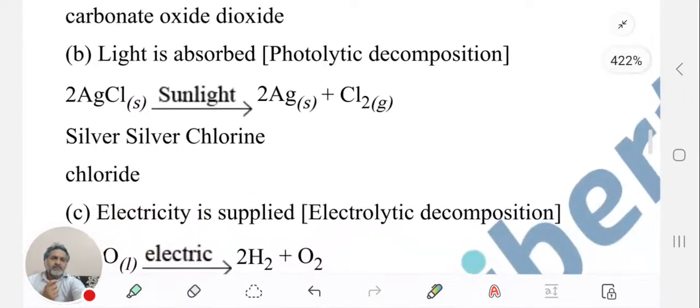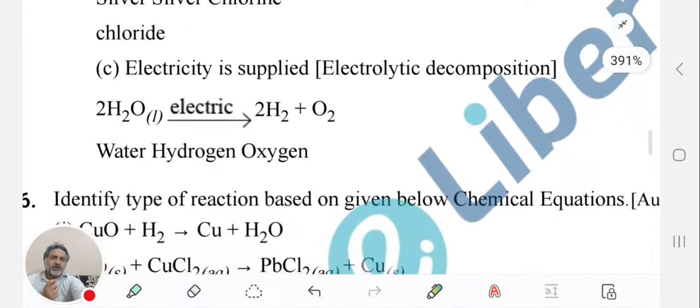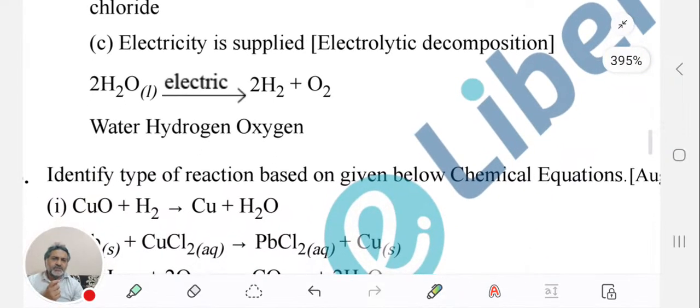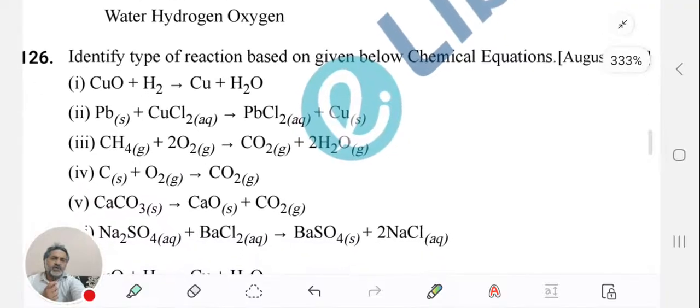When light is absorbed, that is called photolytic decomposition. 2AgCl solid in sunlight gives 2Ag solid plus Cl2 gas. Silver chloride is converted to silver and chlorine. And the third is electrolytic decomposition, where electricity is supplied. 2H2O liquid with electricity gives 2H2 plus O2. This is called decomposition reaction.